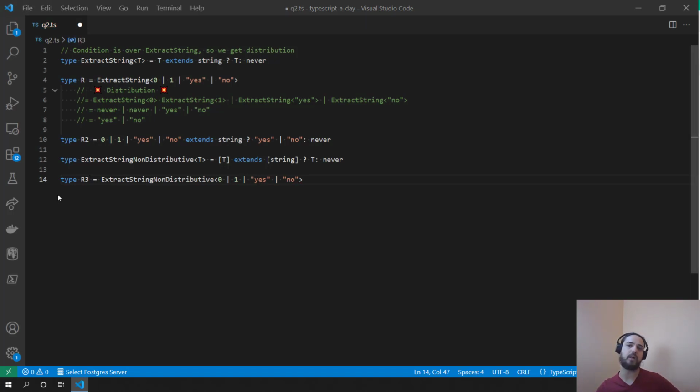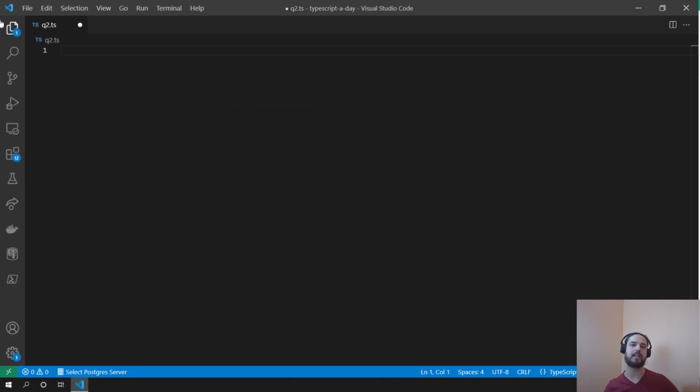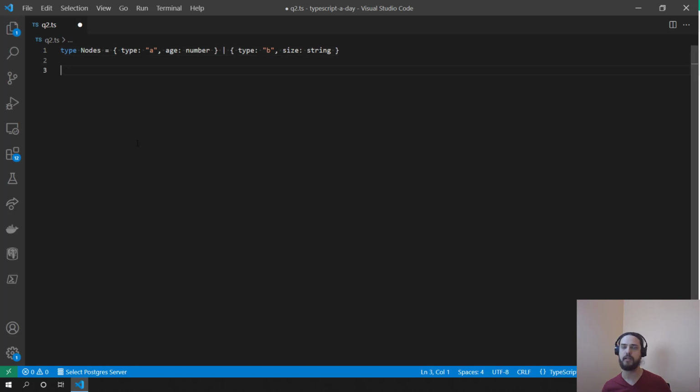Now, what is less obvious is that mapped types also have a distributive behavior. Namely, mapped types that map over keyof T, where T is a type parameter, are also distributive. So let's take a look at this Nodes union, and we're going to create a mapped type that maps over keyof T. Right, so we're transforming all of the properties to property type boolean.